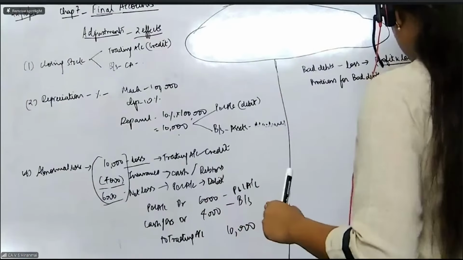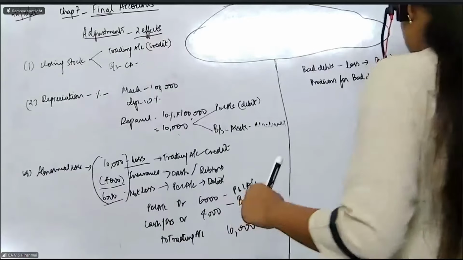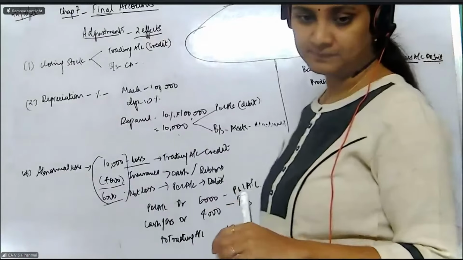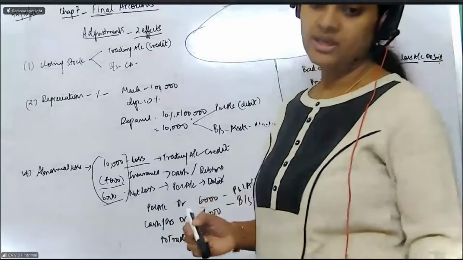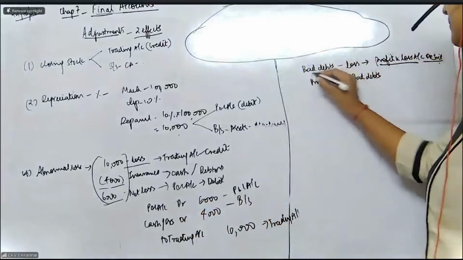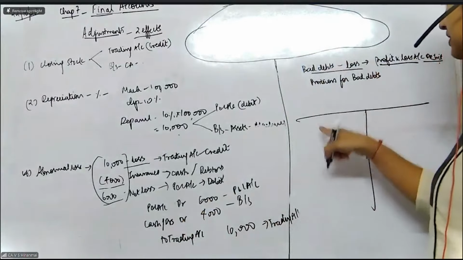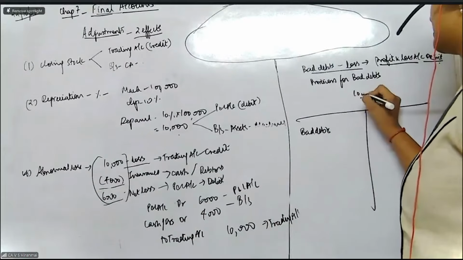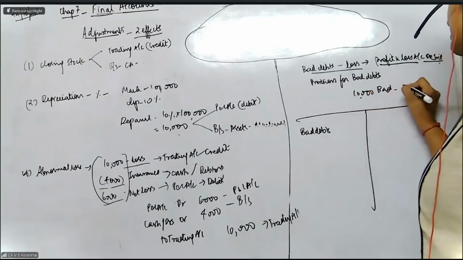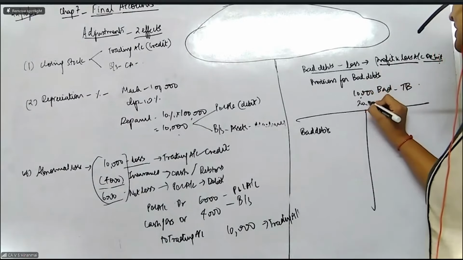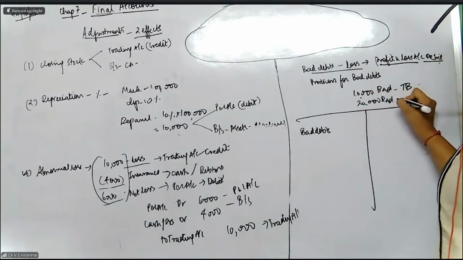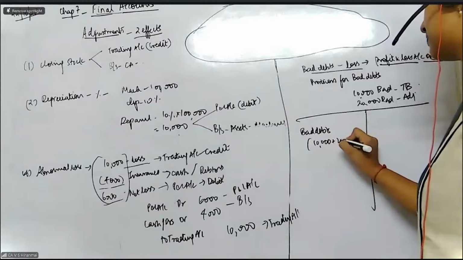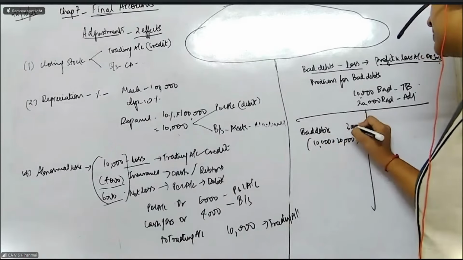Now we are going ahead with our next and the most important adjustment, which is your accrual concept adjustment. Okay. Radhika Jain, see, if the bad debts are given both in the adjustment and the trial balance. So let us say, my dear Radhika, 10,000 of bad debts is given in the trial balance. Okay. And then 20,000 bad debts is given to me in my adjustment. So bad debts value here will be 10,000 plus 20,000, which will be 30,000.